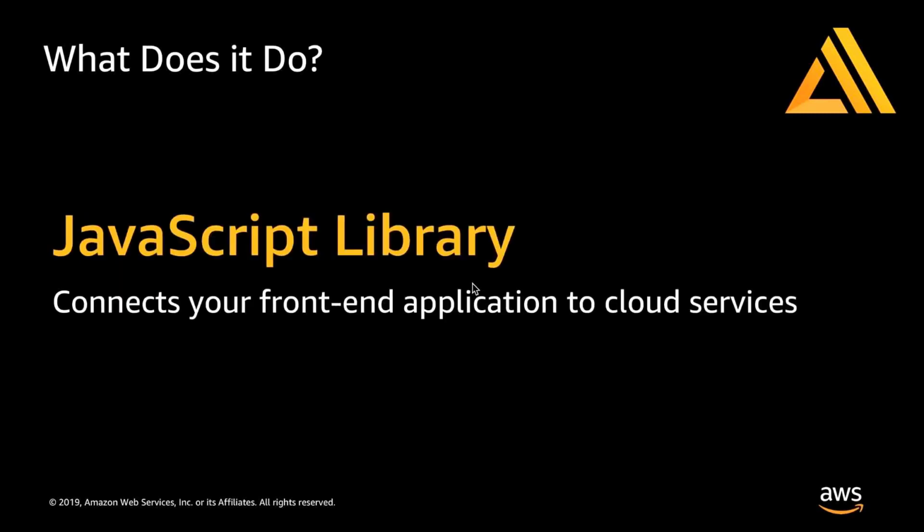It also consists of a JavaScript library or a client library in general if you're using native iOS or native Android. And once you've created your services from the CLI, you can use one of these client libraries to then interact with the services that were created by the CLI.